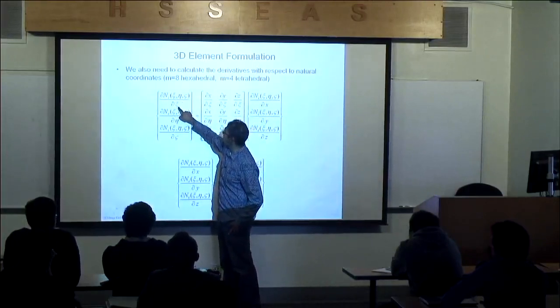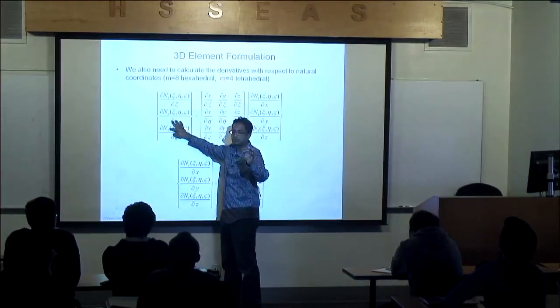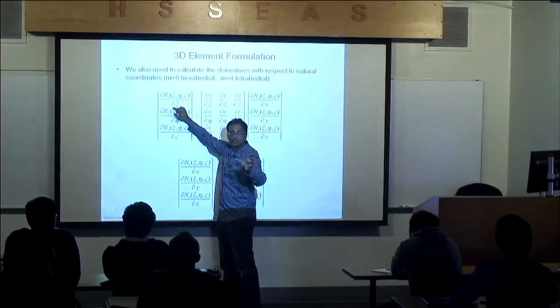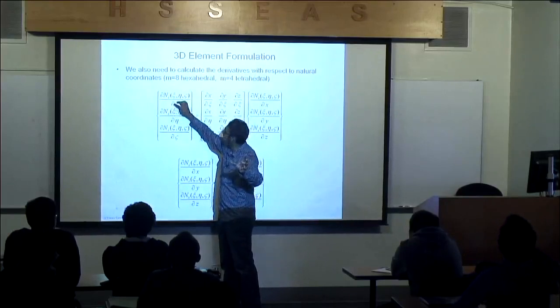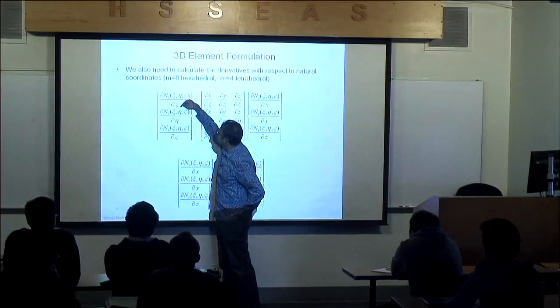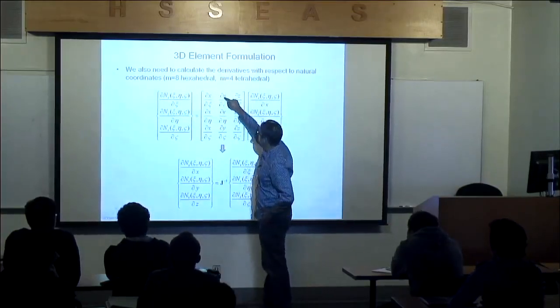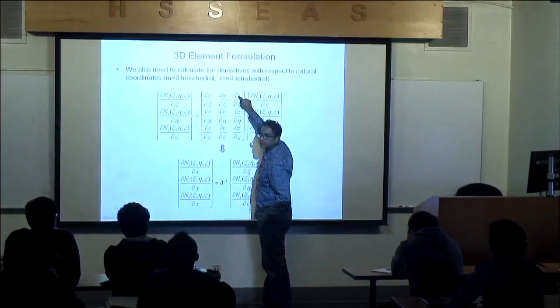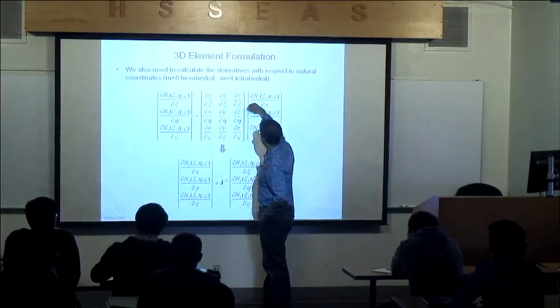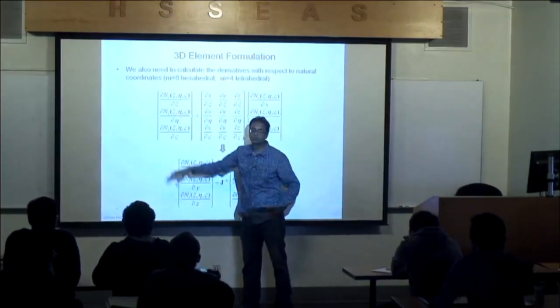Derivative of Ni with respect to c. And i is just 1, 2, 3, 4. So if I have m nodes, then I have m shape functions, basically. So derivative of Ni with respect to c is basically the derivative of x with respect to c times that, plus the derivative of y with respect to c times that, plus the derivative of z with respect to c times that. So in essence, that's my chain rule differentiation, that first row.